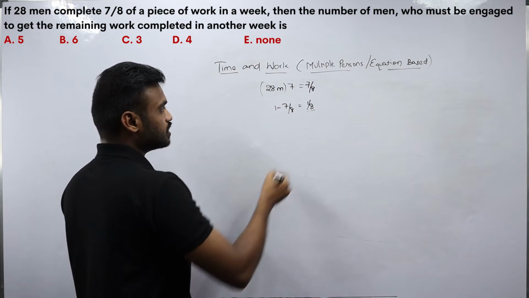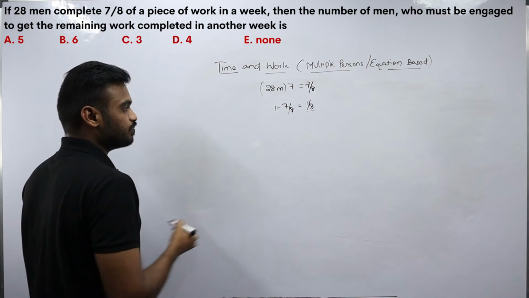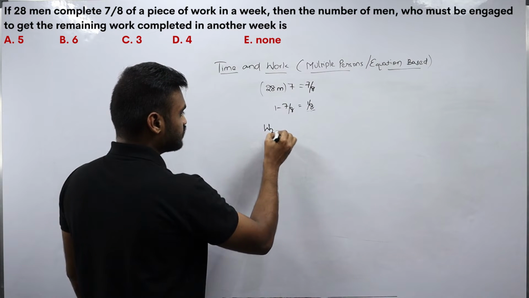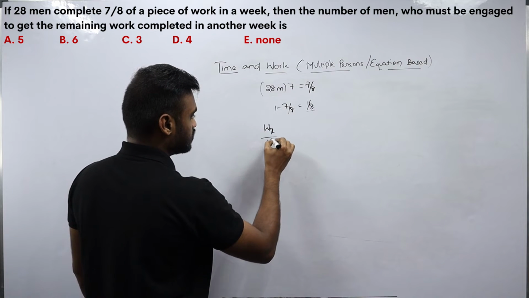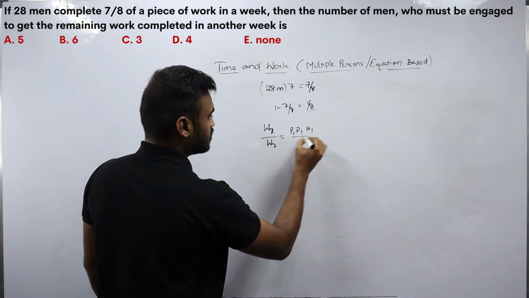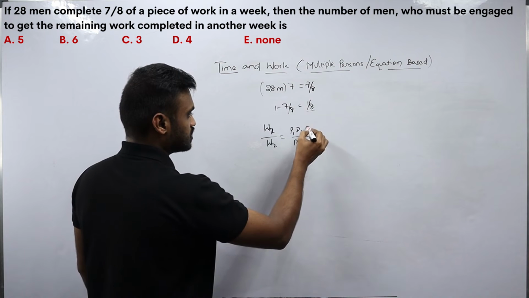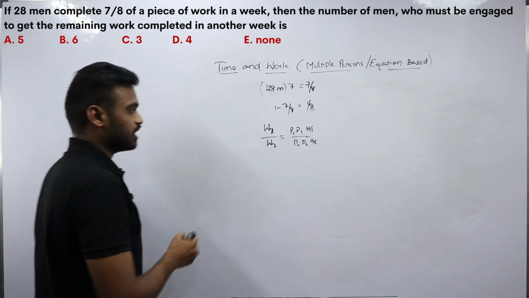Here in both the cases the total amount of work done is different, so we can use the second formula of chain rule, that is W1 by W2 equal to P1 D1 H1 by P2 D2 H2. Here the hours are not given, so we can cancel the hours.